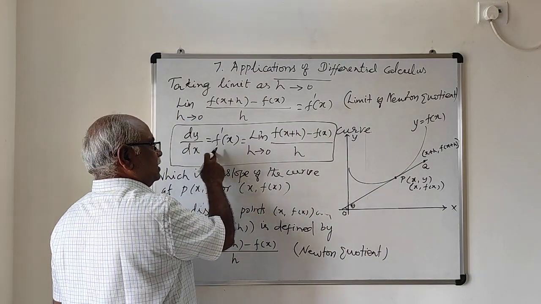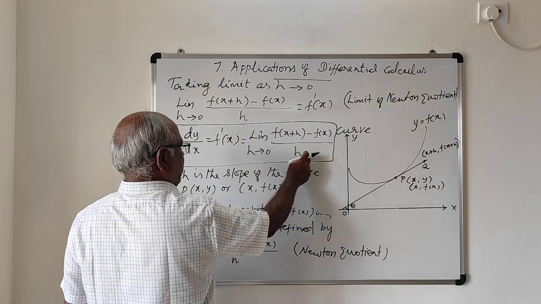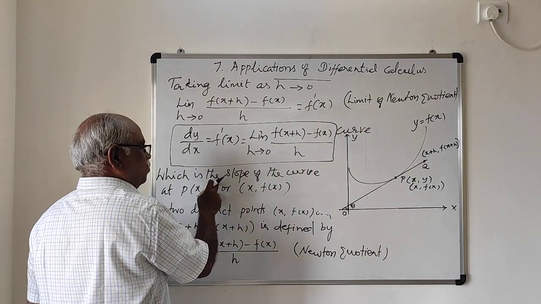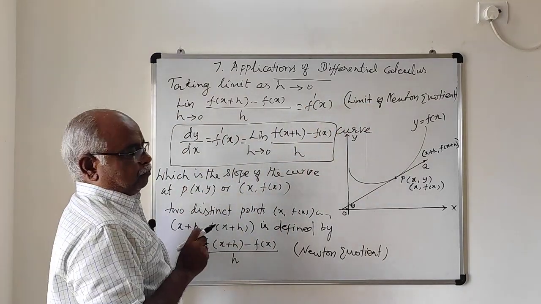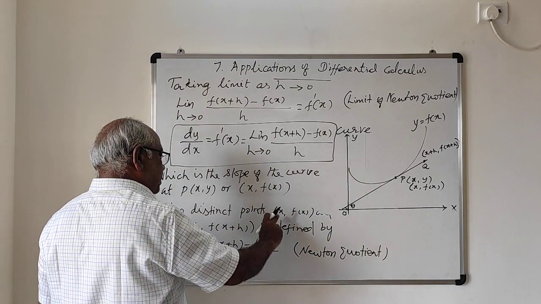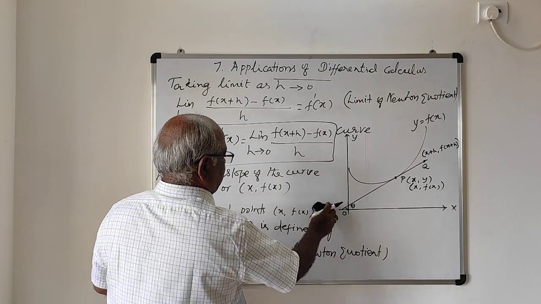Which is otherwise called f dash of x, the limit as h tends to 0 of f of x plus h minus f of x divided by h. This limit of Newton quotient is called the slope of the curve at the point P, and the Newton quotient is called the slope of the line joining the two points x comma f of x and x plus h comma f of x plus h. This is the difference.